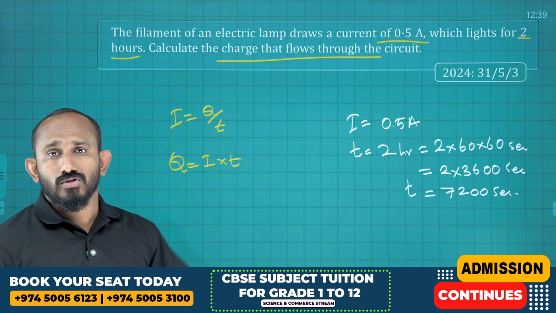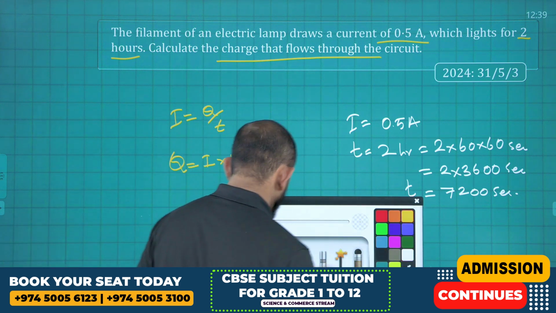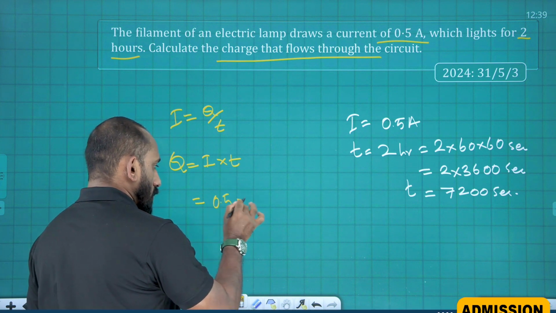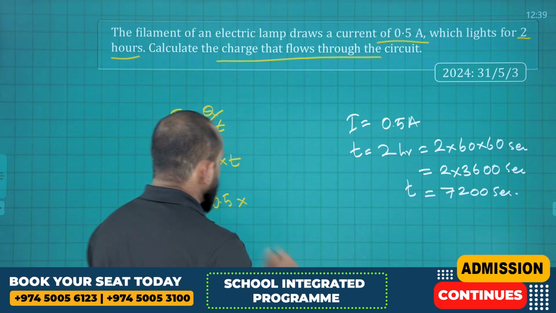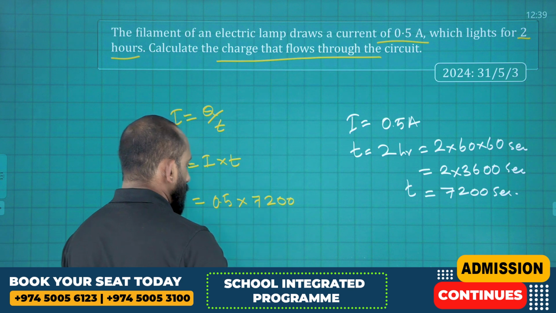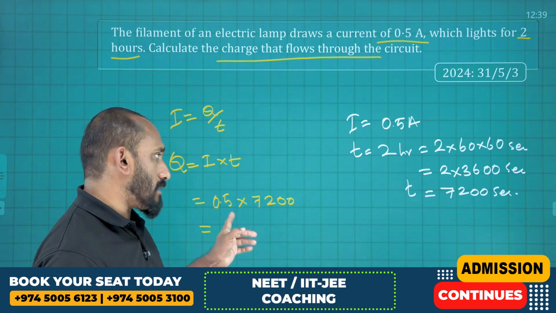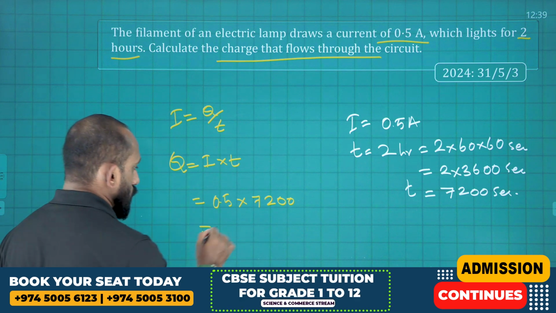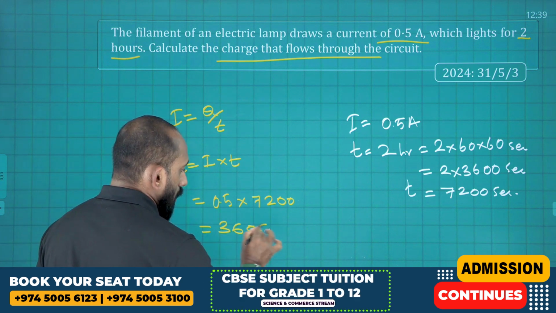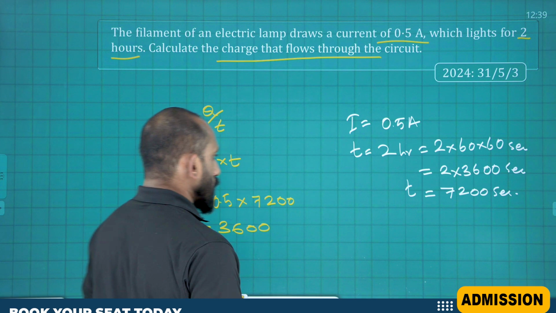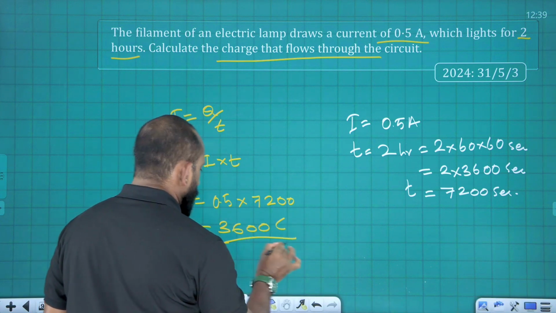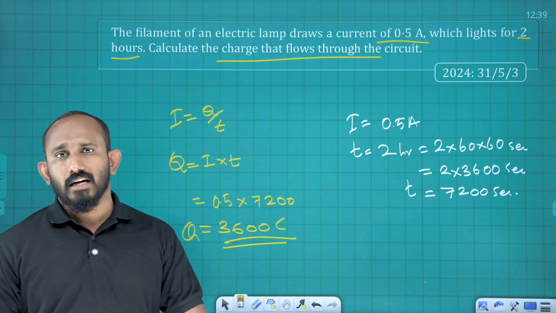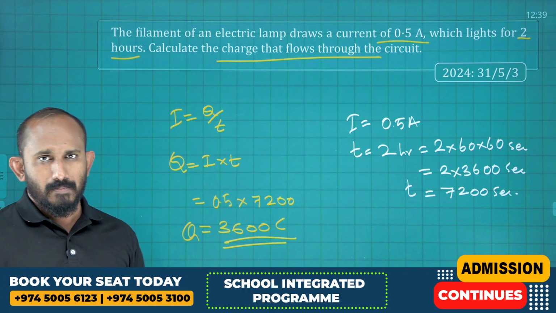Then what is Q? I into T, the charge. So it will be I is 0.5 into T is 7200. So this will become 0.5 into 7200, that is 3600 coulombs will be Q. 3600 coulomb is the total charge that flows through it.